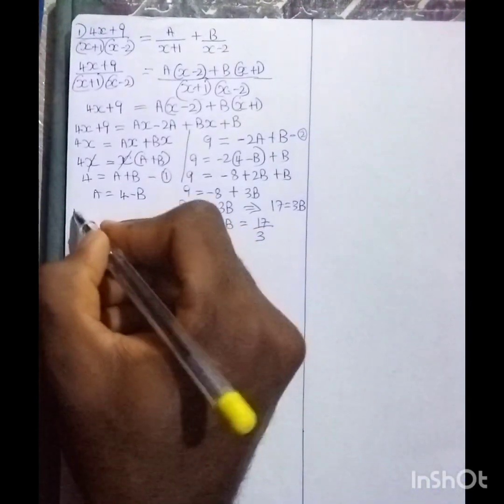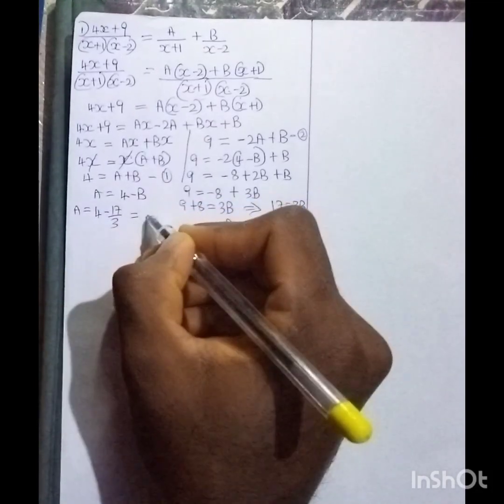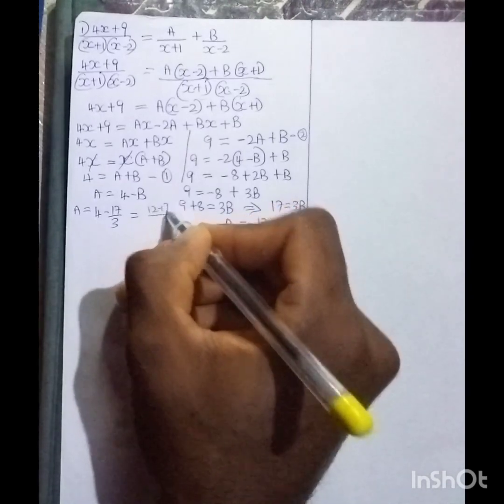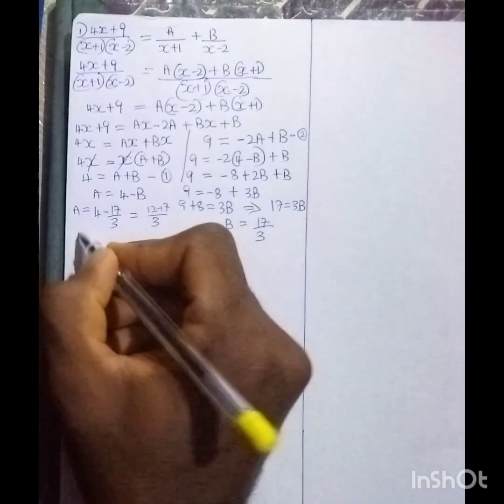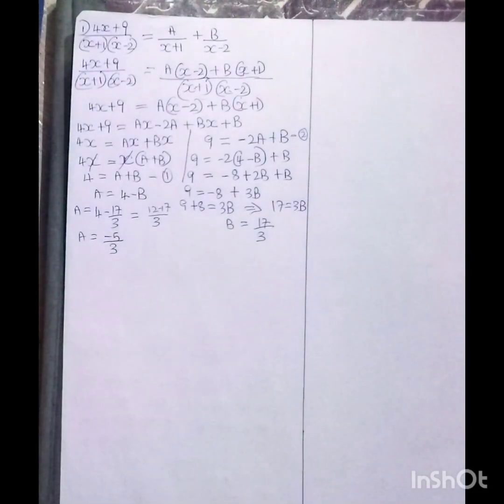From here, A is equal to 4 - 17/3. This is the same as (12 - 17) over 3, and A is equal to -5/3.